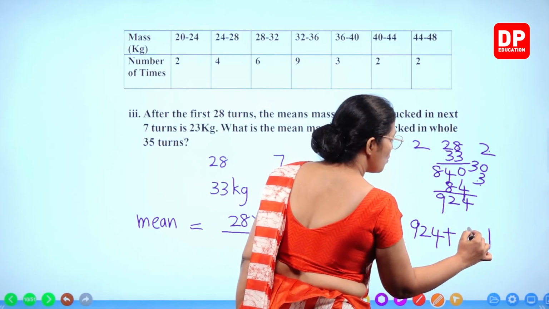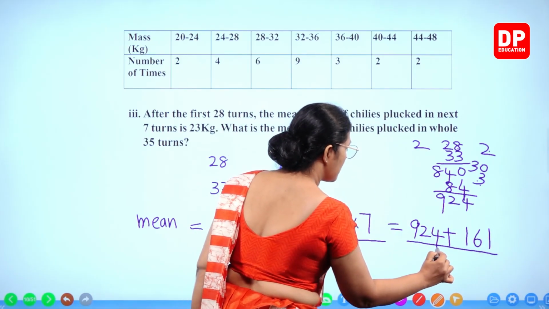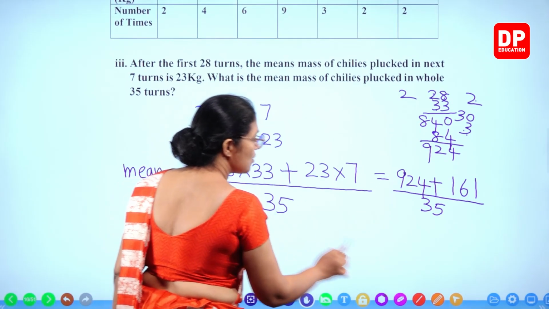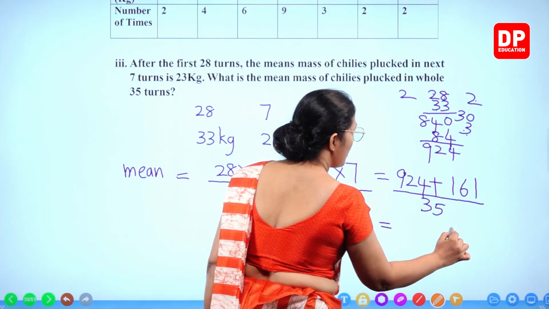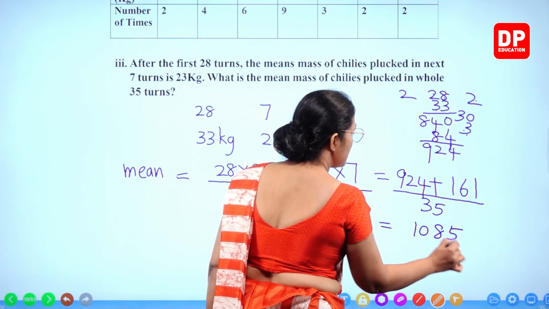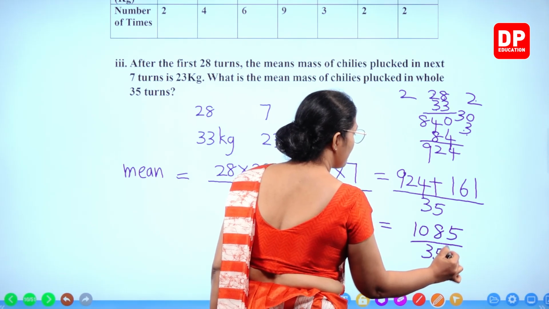Plus 2, 16. Then take the total. 1 and 4, 5. 6 and 2, 8. 10. Divide by 35.